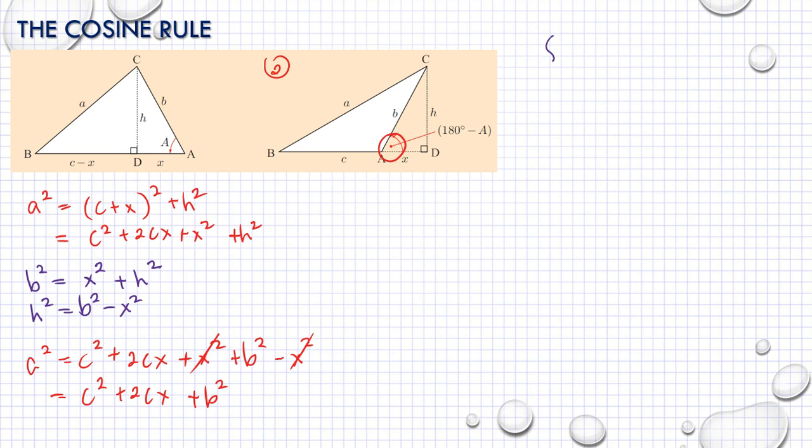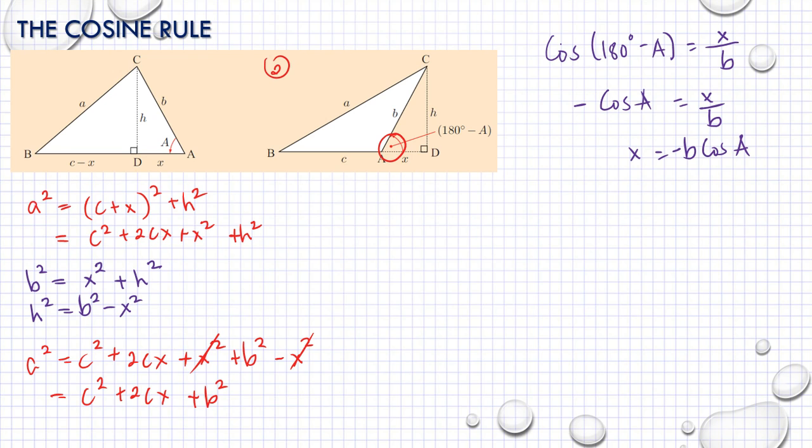So we have cosine, not sine, that's cosine, because it's this adjacent side. Cosine of (180 degrees minus A) is equal to the adjacent side X divided by the hypotenuse B. And we know that cosine of (180 minus A) is in the second quadrant, which means it is negative. So negative cosine A is X divided by B. So we have X is equal to negative B cosine A.